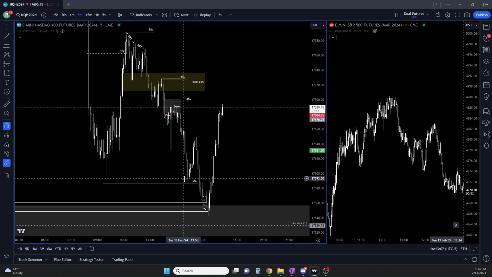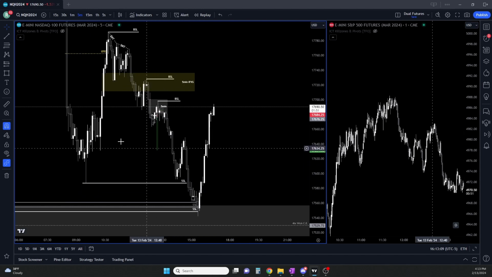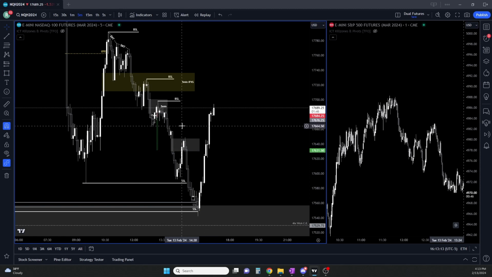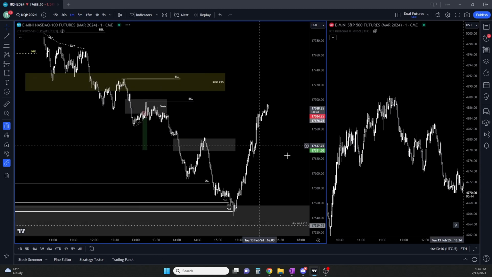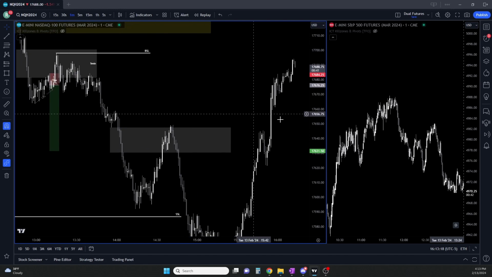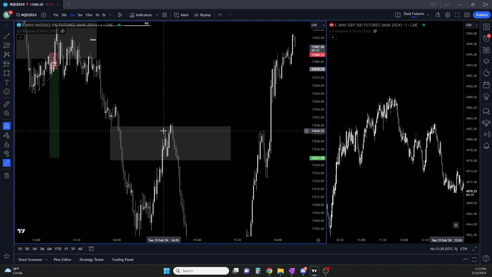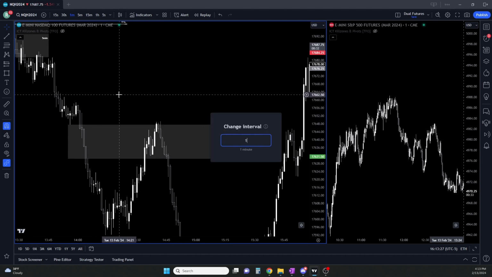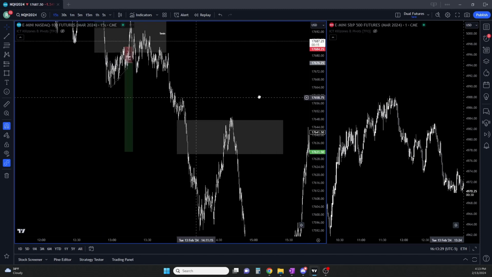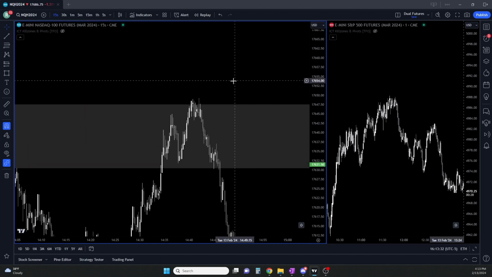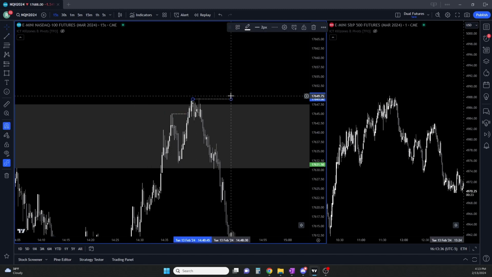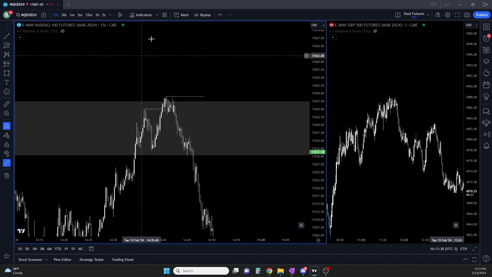But once we didn't take this level and we bounced back, we had this 5-minute here. I was just looking to see an internal model, and we had this high, then we come up, we take this high, then we even take that little high on a 15-second chart. So we took this high, and then we even took this high before displacing lower.